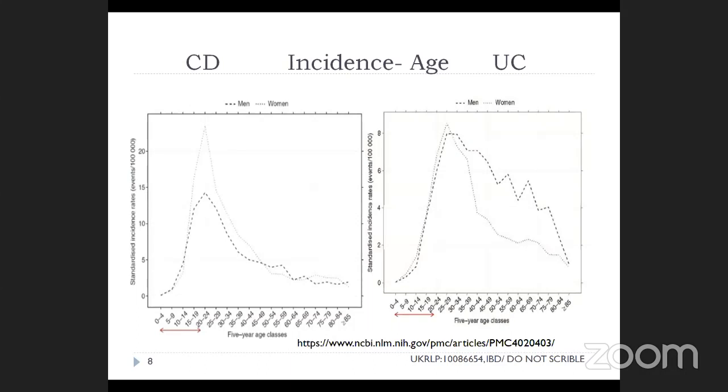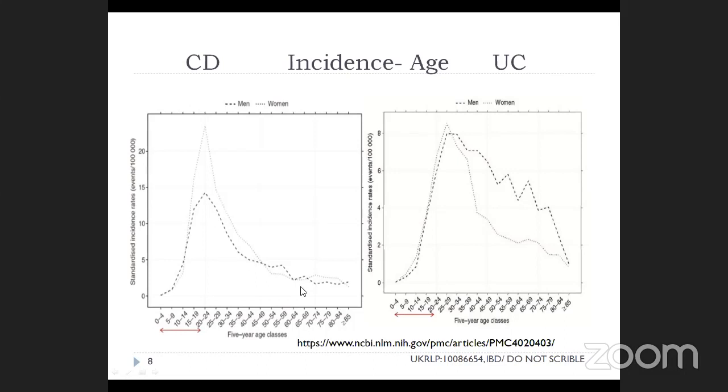In Crohn's disease, the diagnosis can be made even in the early neonatal age, the age group of 0 to 4, and the incidence increases in the early adolescent group, where women are more prone to Crohn's disease than men, and then the incidence decreases.